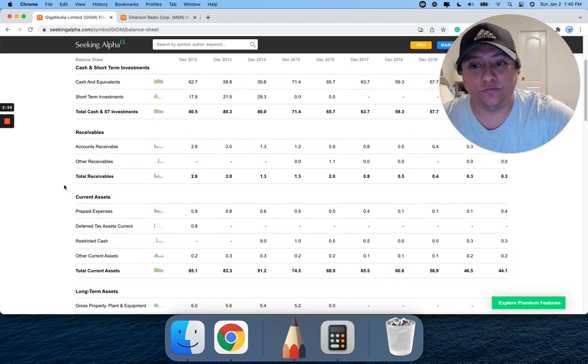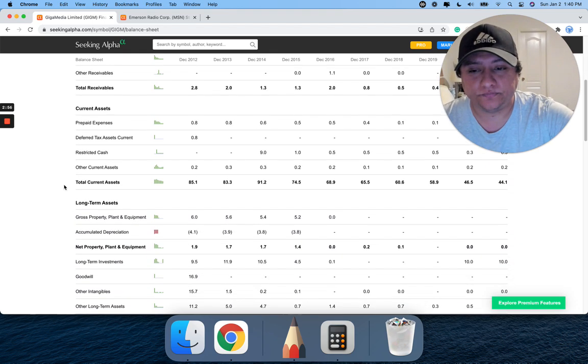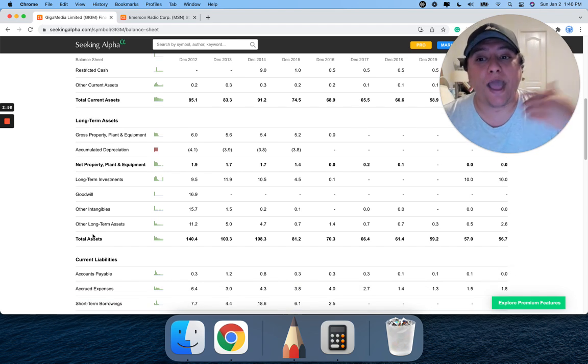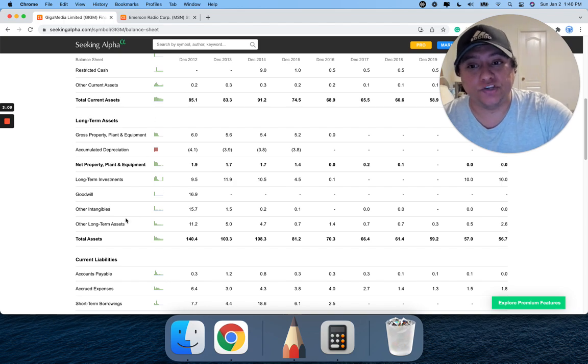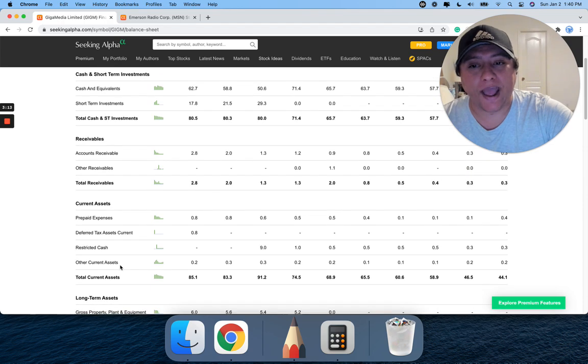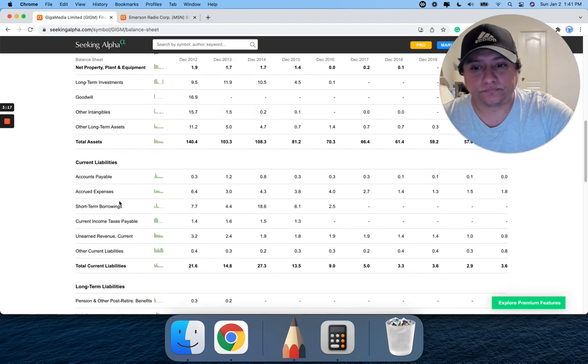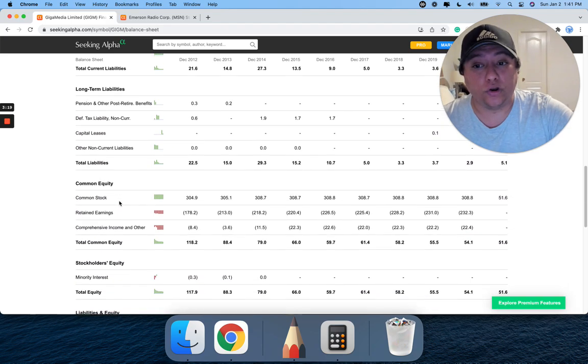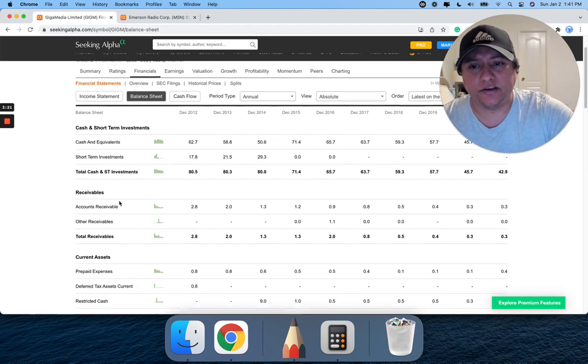If you scroll down, you can see now you have total assets, and you're bringing back goodwill, intangibles, gross property, real estate, a lot more stuff. We're not going to be counting this in the valuation. We're only sticking to total current assets and up, and then we're going to subtract all their total liabilities.